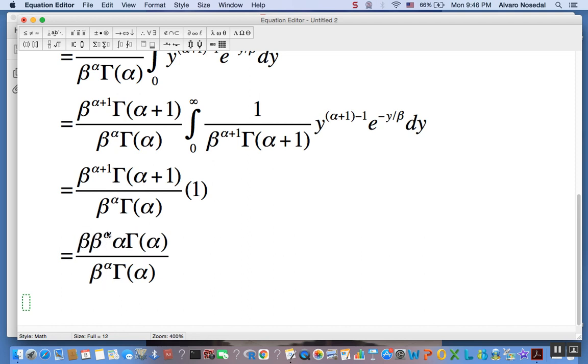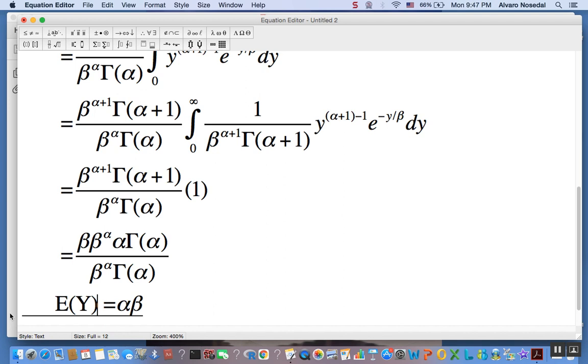Okay, so these cancel out, and we end up with just a beautiful alpha times beta. Okay, so that's the expected value of a random variable with a gamma distribution and parameters alpha and beta.